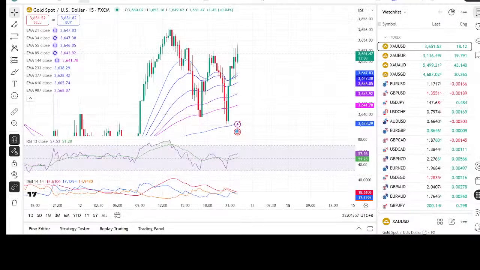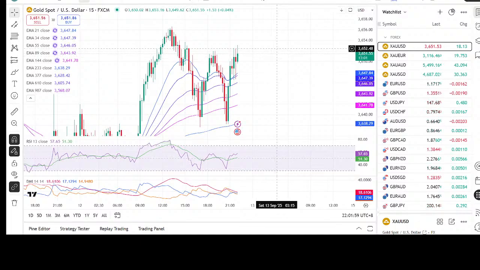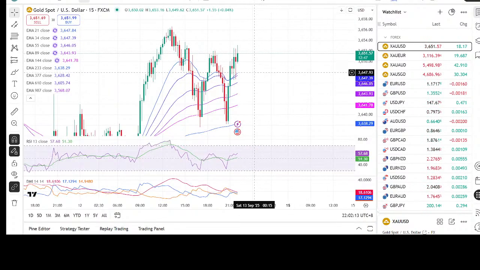Sorry, I'm showing the wrong screen. I'll show it again. So here we have to see the 15-minute closing above 52. Then we can be convinced that we have seen the break, and we can expect the price to move higher. Until then, the ball is still not in our court. So anything can happen.